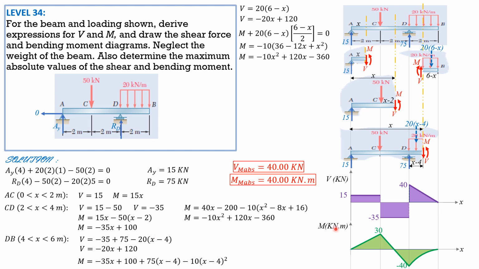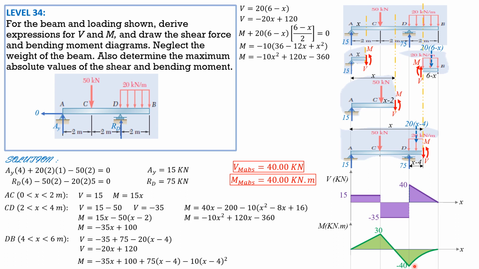Then when x is, we are now in DB, this is still the moment, DB. This is the formula. When x is 4, negative 10 times 4 squared plus 120 times 4 minus 360, it should be negative 40.